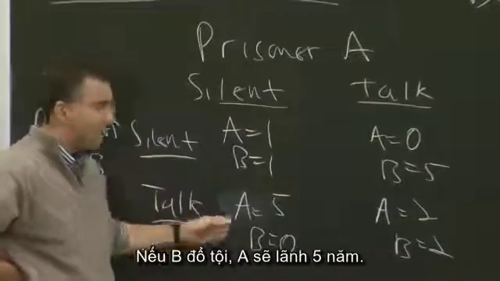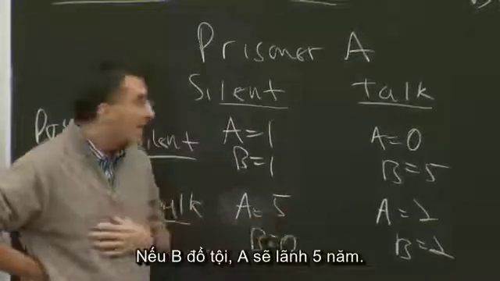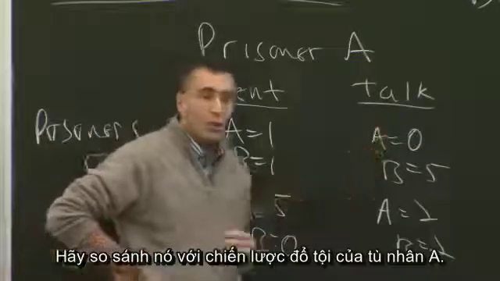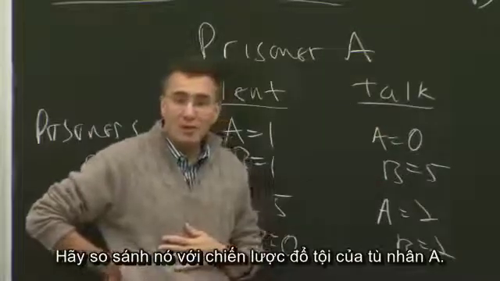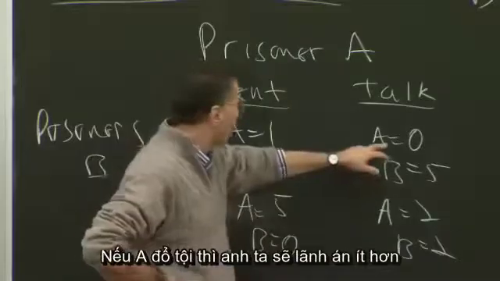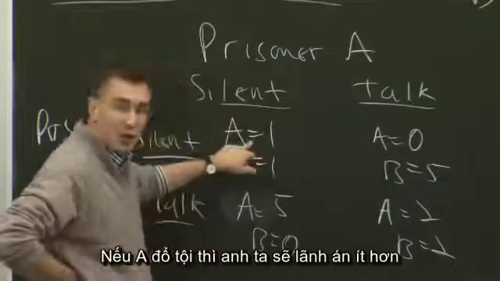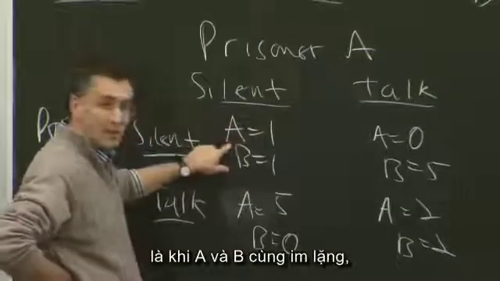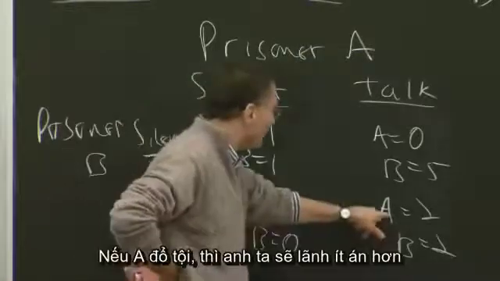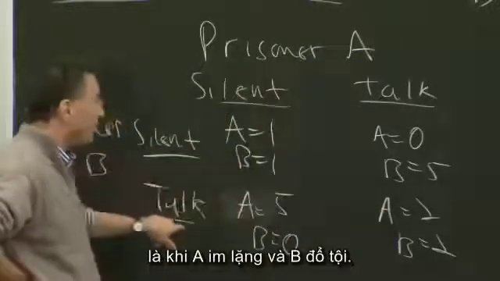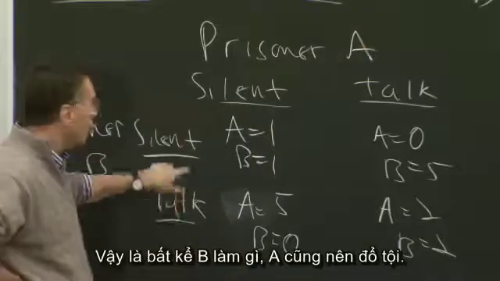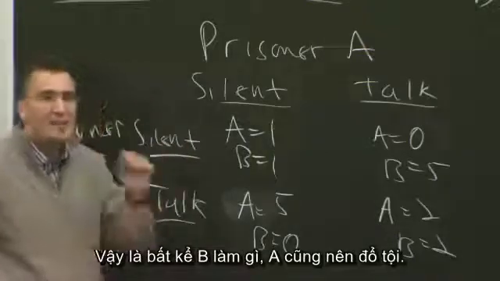If B talks, he gets 5 years. Now compare that to prisoner A's strategy of talking. Well, if he talks, he's better off than if he doesn't talk, if B's remaining silent. If he talks, he's better off than if he doesn't talk if B talks. That is, regardless of what B does, he's better off talking.